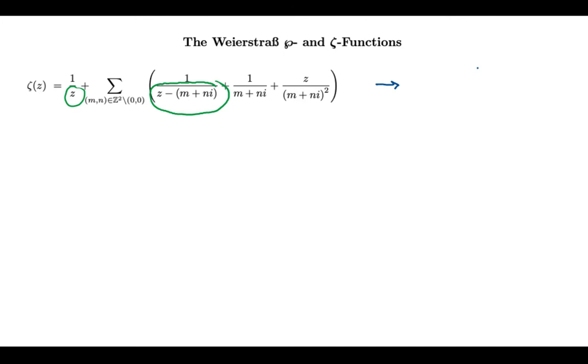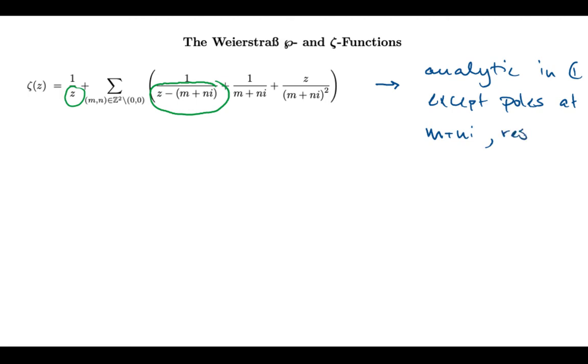You can realize again that this function is analytic everywhere except for poles at every Gaussian integer with residue 1.